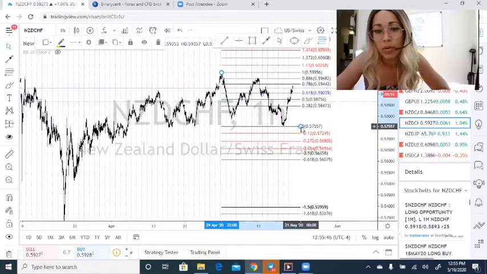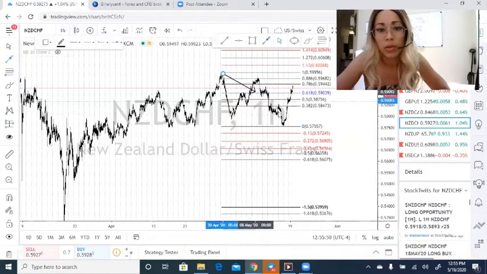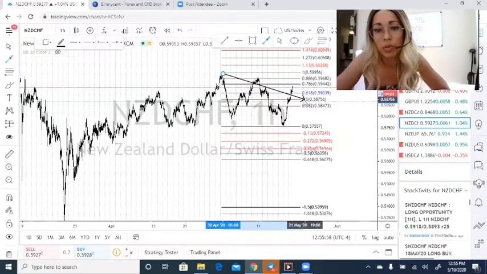And remember, coming from this point to this point, I'm looking for it to come back up to a minimum of this 50%. The maximum that it can come up to is 100% of this point right here, A point. So the minimum has already been hit right here at this 50.